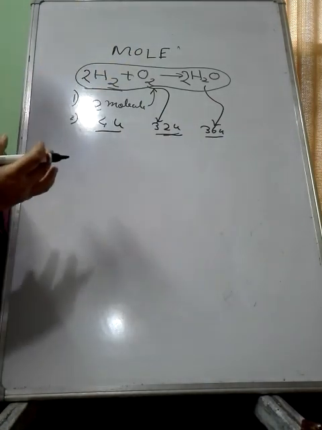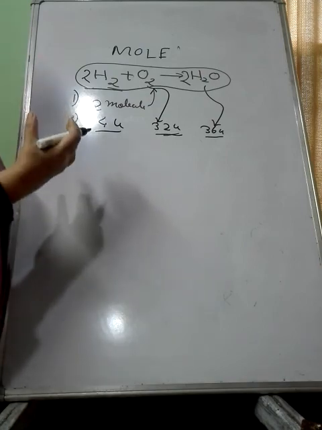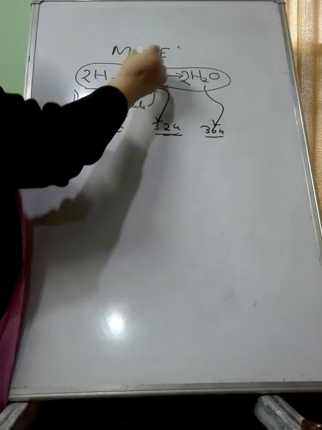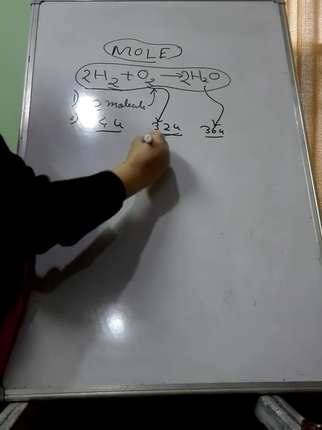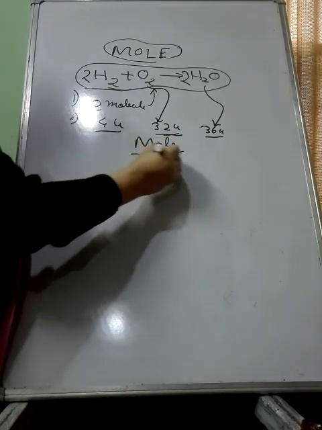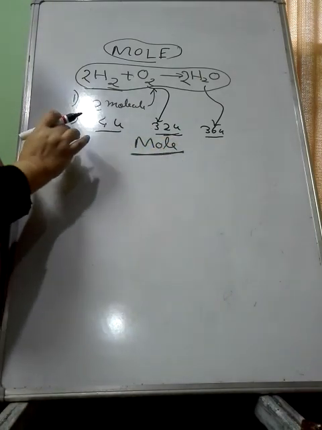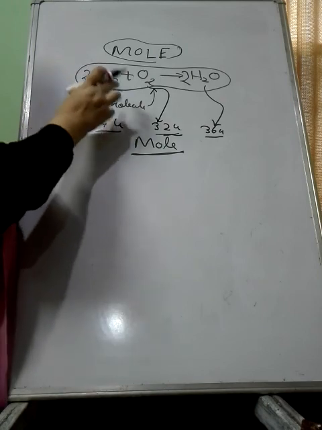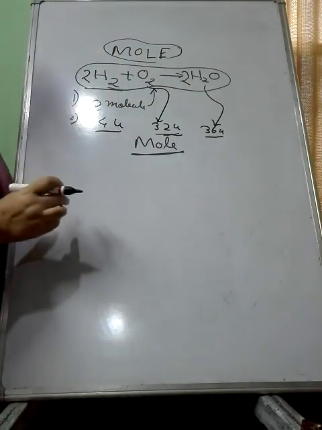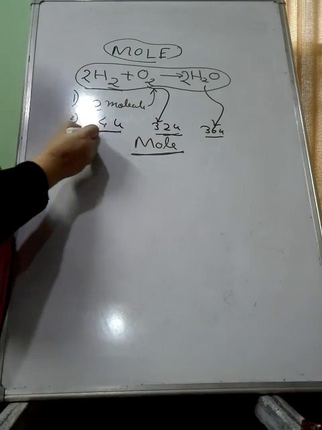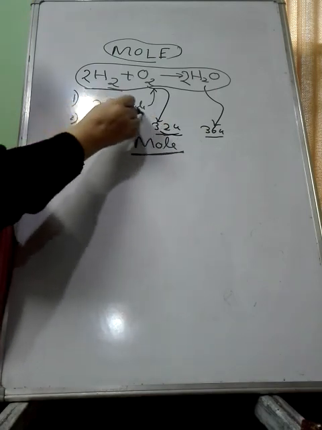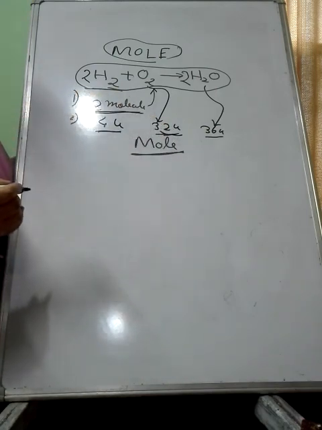So we need both, and to get both values we have the mole concept. Mole is a term which gives us information about how much amount of the reactants combine to form how much amount of the product, on the basis of mass and also on the basis of the number of molecules or number of atoms.